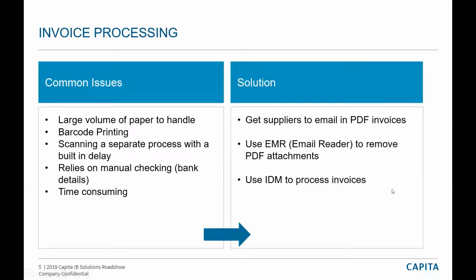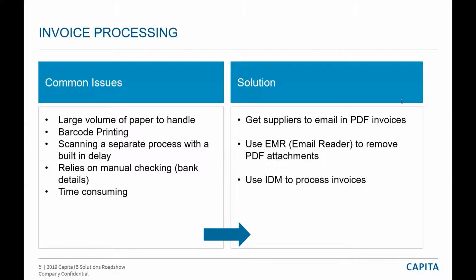So the process is time-consuming, handles lots of bits of paper, and involves manual checking. So what we would normally recommend is you ask your suppliers to email in PDF invoices, ideally with metadata. We then use a tool called EMR, which is the email reader, that will monitor that email address looking for specific things.